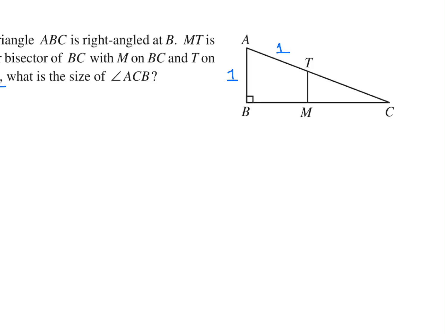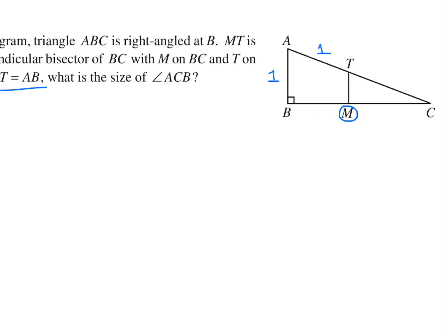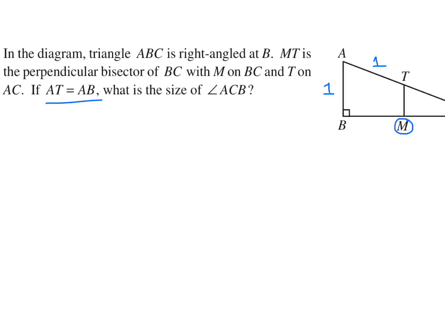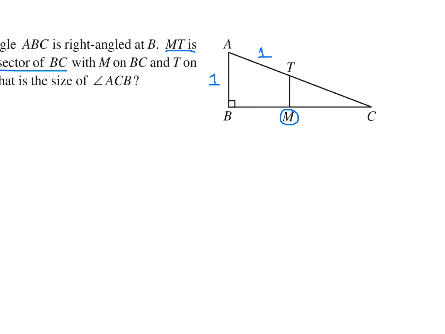And then they also tell you that M cuts BC in half. MT is the perpendicular bisector of BC, so this is equal to that. Now, if M is extended up to T, if it cuts BC in half, it cuts AC in half.